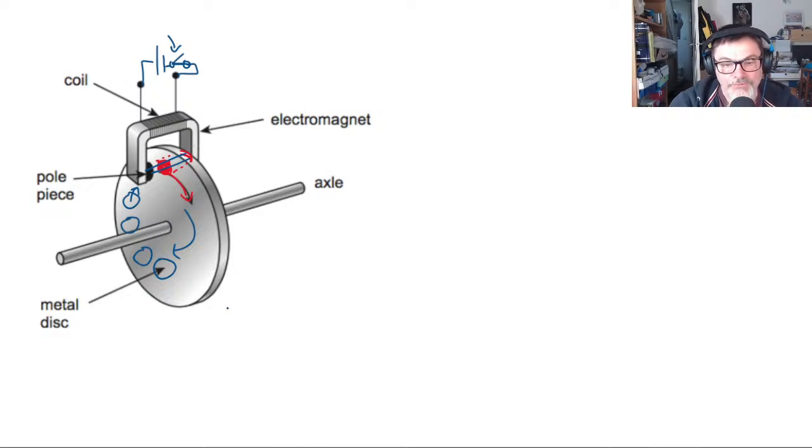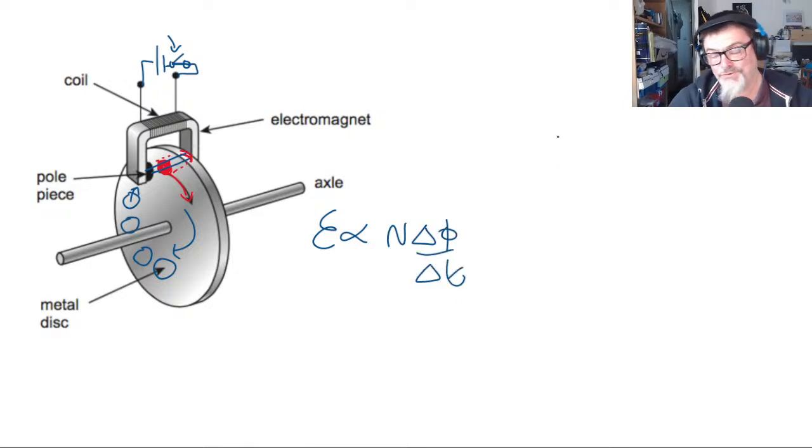How does it produce a force? Well, it's the same old story. We know that the EMF induced is equal to the rate of change of flux. Can you see how often this formula comes up? We have a large rate of change of flux within these little areas of the metal disc. Therefore, within those small areas of disc, we're going to produce some EMF.